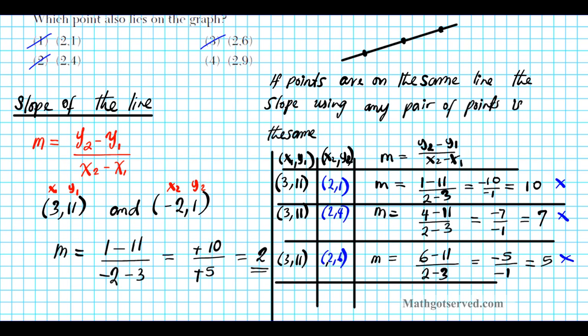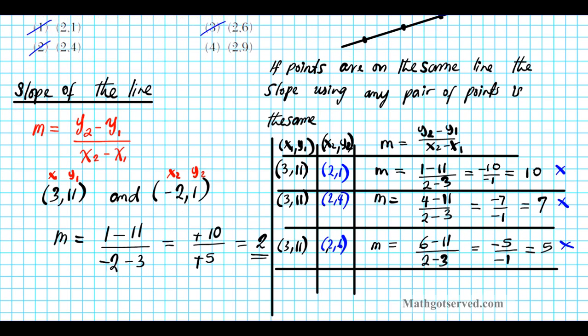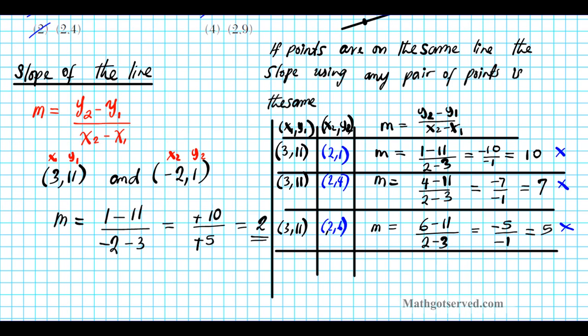Okay, so by confirmation, let's go ahead and plug it in. Since option 4 is the correct answer, if I have x1, y1 as (3, 11) and x2, y2 as (2, 9), what should we get as the slope? Our slope must be 2. So let's hope that is what happens here. y2 minus y1 over x2 minus x1. 9 minus 11 is negative 2.